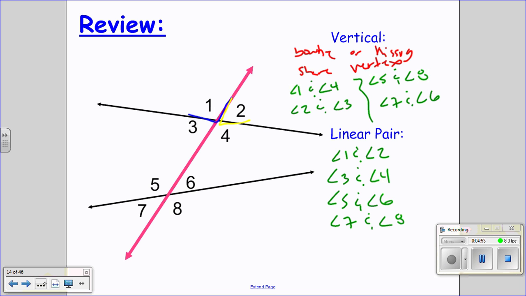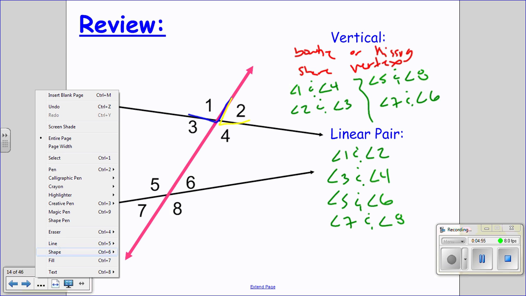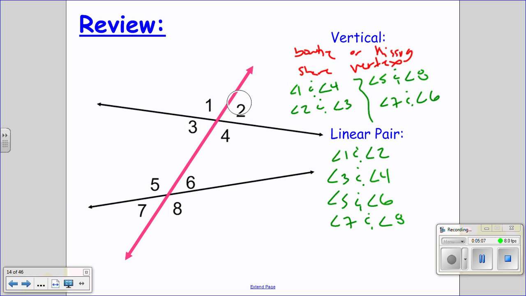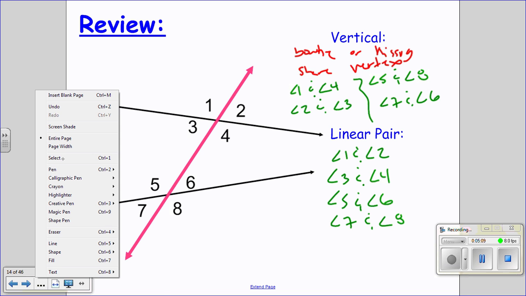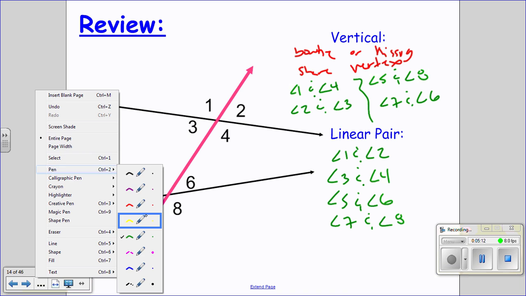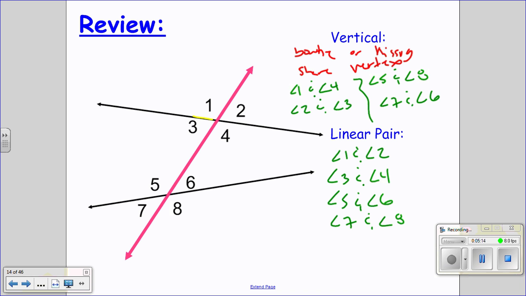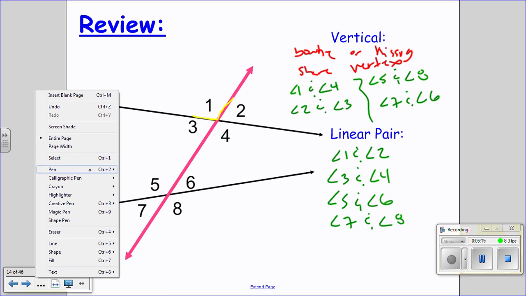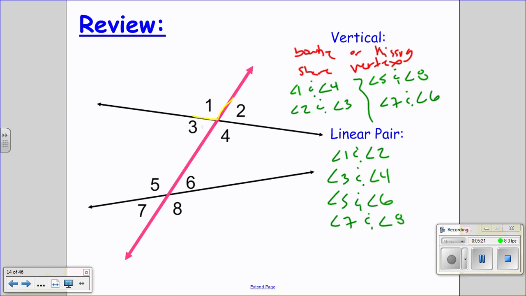Now, if you look at our picture, those are not the only possibilities. If you turned it sideways, you might be able to see it a little clearer. What I'm saying is, I could say angle 1 can form a linear pair with angle 3. Again, they are adjacent and they form a straight line.